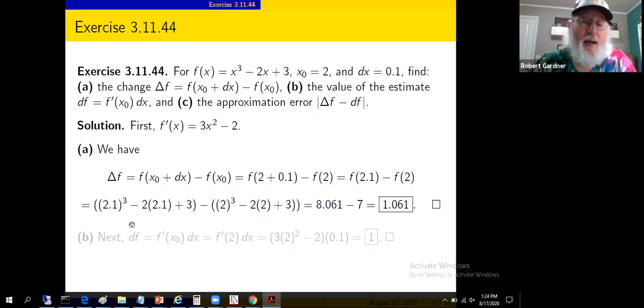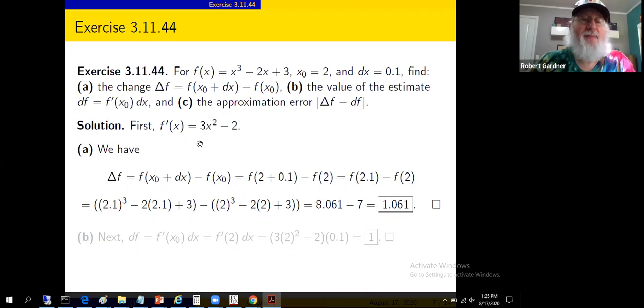You could do this by hand. I wouldn't want particularly to cube 2.1, but I certainly can. And when we do the arithmetic, we get 8.061 minus 7. So the function changed by an amount 1.061. All right, that's the actual change.